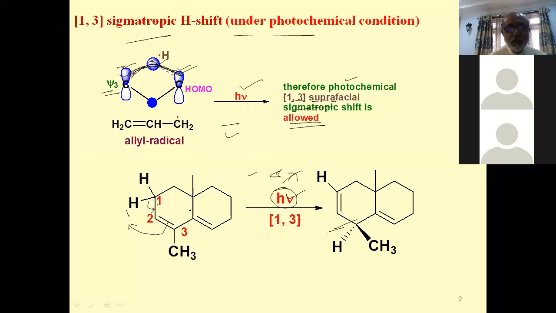Today we are just on time. It is 1,5, and once you understand 1,5, then you will understand all. Then the examples that we have got: the 3,3 sigmatropic shift, then the 5,5 sigmatropic shift. Then we'll come to a general rule for the sigmatropic shift.